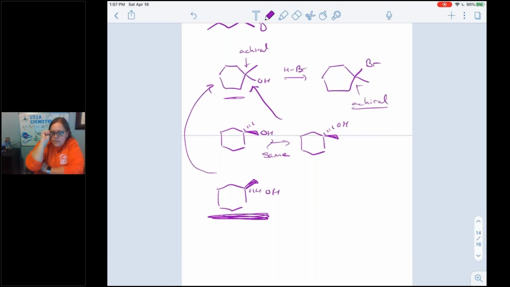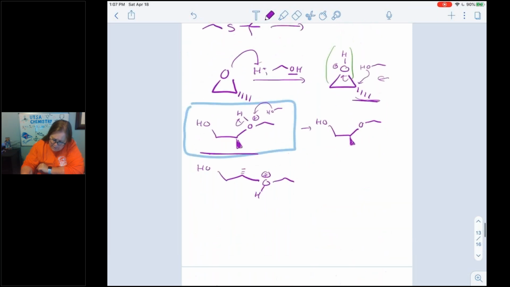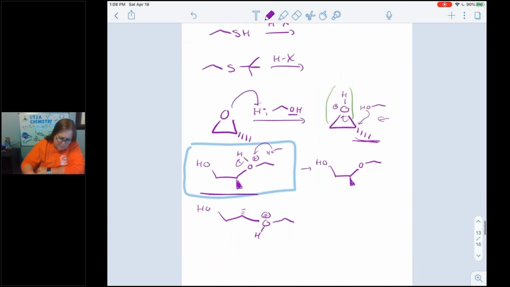All right, so let's see. Will acids always be a one-step epoxide reaction? No, and as a matter of fact, none of the epoxide reactions are one step. I have step 1 here, addition of the proton. Then I have nucleophilic attack here.